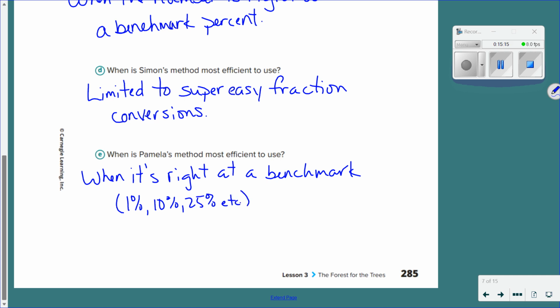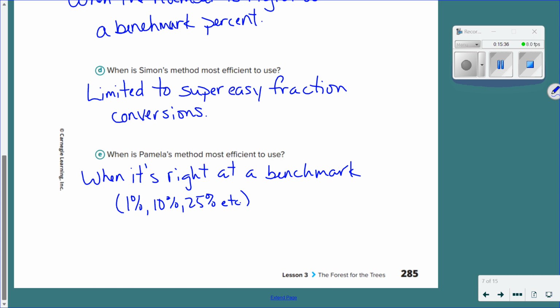So if you're doing 8%, that's not at a benchmark, so it's going to be a little more complex. You're breaking the number down a lot more. But if it's 10%, then that works super easy. Any questions on these types of methods?